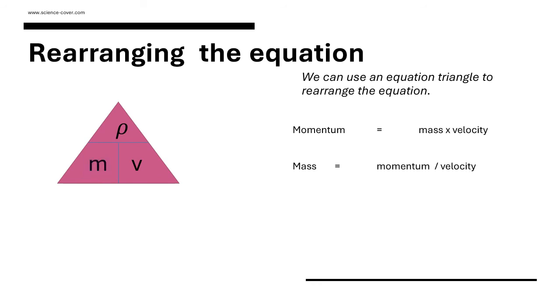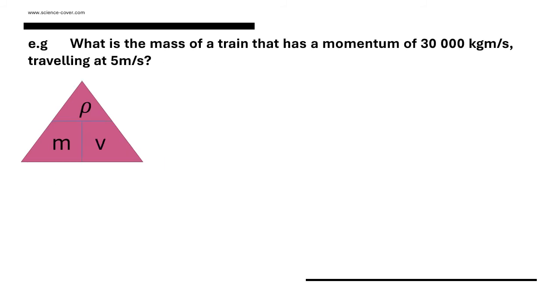Now if I want to find the velocity, I cover up velocity, and it tells me that it's the momentum divided by the mass. Let's look at an example. What is the mass of a train that has a momentum of 30,000 kg m/s if it's travelling at 5 meters per second?